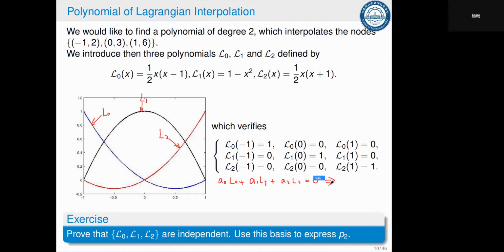If this can imply that A0 is equal to A1 is equal to A2 is equal to 0, then I can say L0, L1, and L2 are independent. This is the definition of independence. And of course, this is true, since I can do such a job. Now I substitute x by -1.